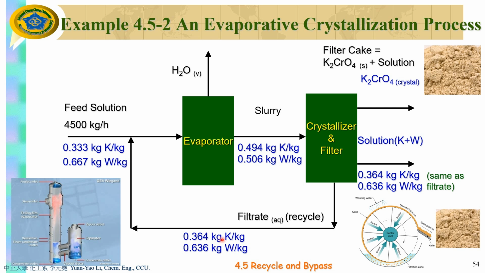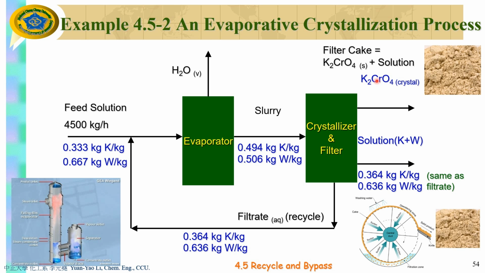Okay, right, let's go to the second paragraph, line 5. At the end of line 5, the crystals account for 95% of the total mass of the filter cake. So what does that mean? This is the specification.